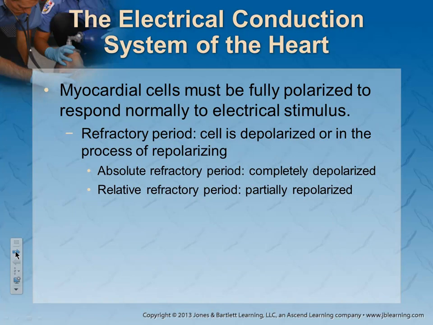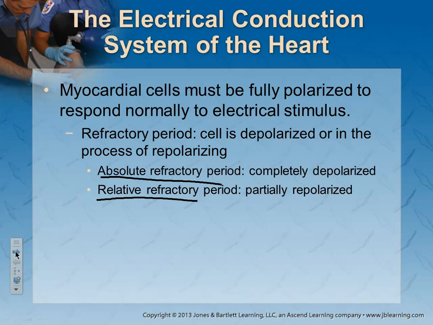So a couple of other terms. Absolute refractory and relative refractory. The absolute refractory period is the time when the cardiac cell is completely depolarized. All right? And so that means that an action potential cannot act on that cell.